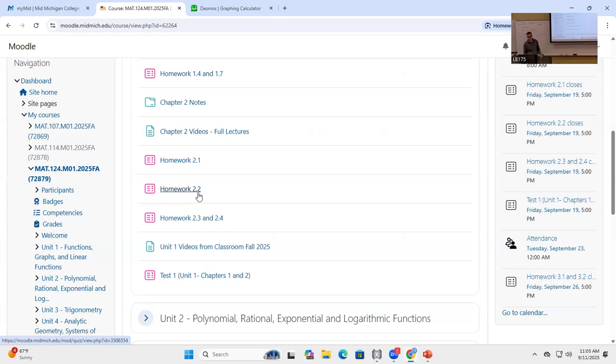Next week, we'll cover 2.3 and 2.4. If I don't get through all of it, I'll probably get through most of it, if not all of it, on Tuesday. I'll talk about the test as well when we come back on Tuesday.